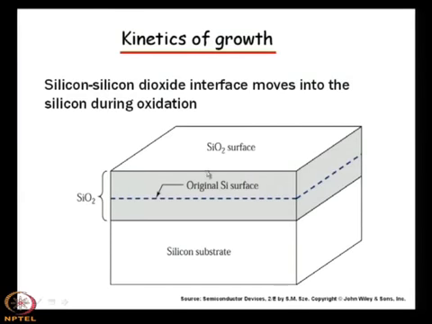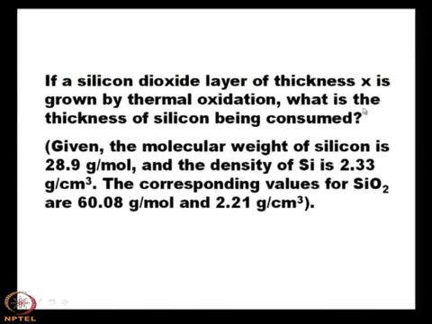So, more and more silicon is consumed for the formation of SiO2, and one example that you can try to solve: if a silicon dioxide layer of thickness x is grown by thermal oxidation, what is the thickness of silicon being consumed?